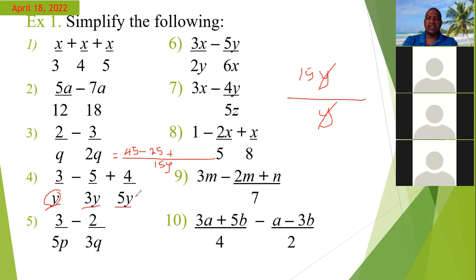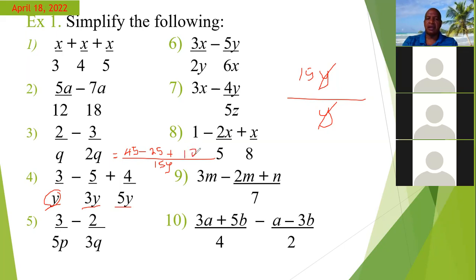Just do it step by step, Dorothy, so that you don't confuse yourself. What you do to 5y to get 15y? You times it by what? Times 3, sir. You times it by 3, right? So that means you're multiplying the numerator by 3. So 3 fourths gives you what? 12.